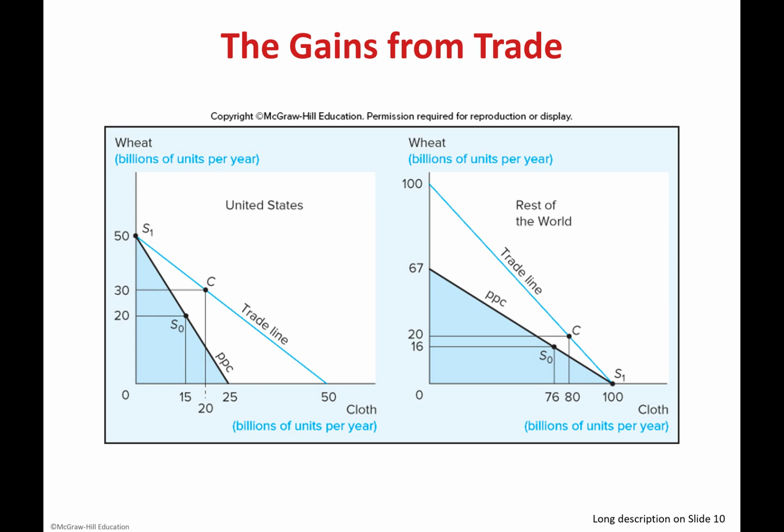Now, the slope for the rest of the world is 67 divided by 100. So in the first case, the slope is 2. In the second case, the slope is 2/3. So they have different slopes. In other words, they have different opportunity costs. They have different trade-offs, putting it a different way.